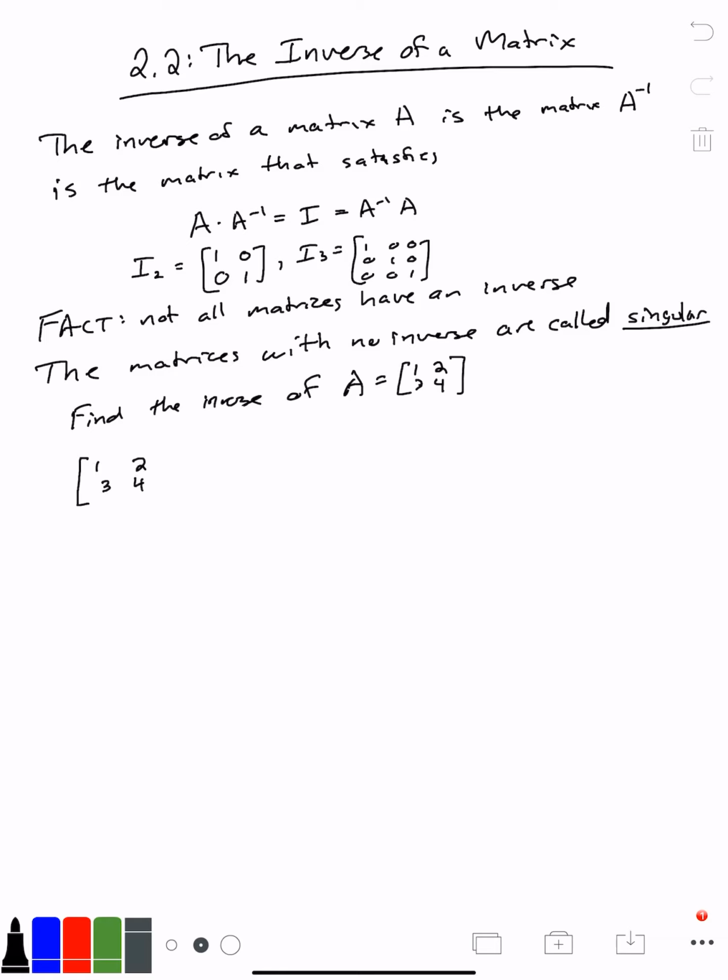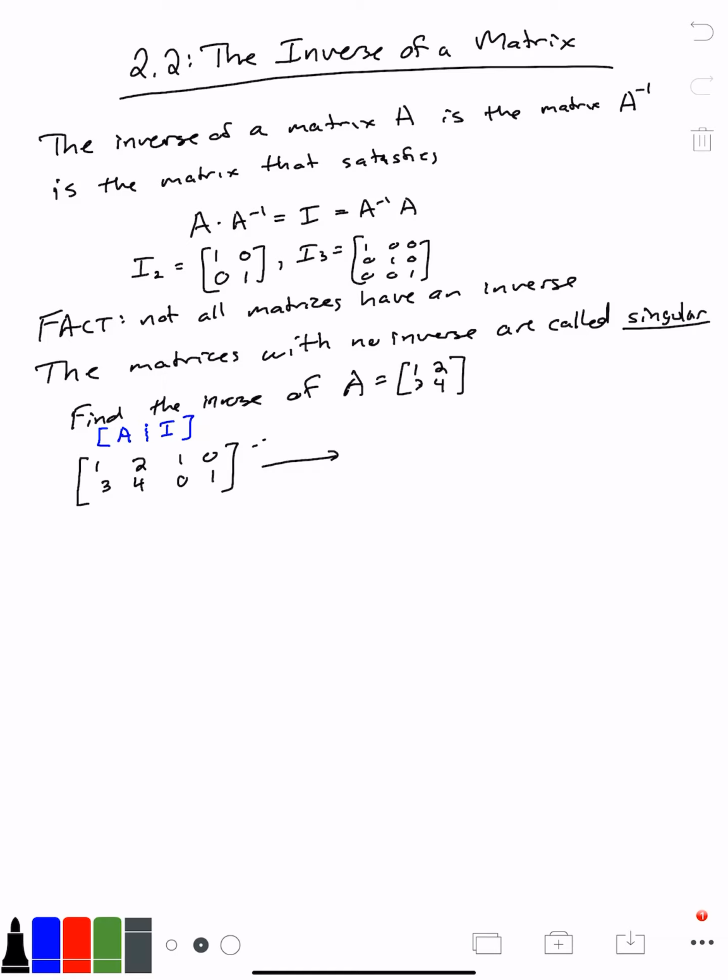But instead of just adding over the column of the right-hand side, we're going to put the whole identity matrix right here. So we're creating an augmented matrix where you put your matrix A, and next to it you put the identity matrix.